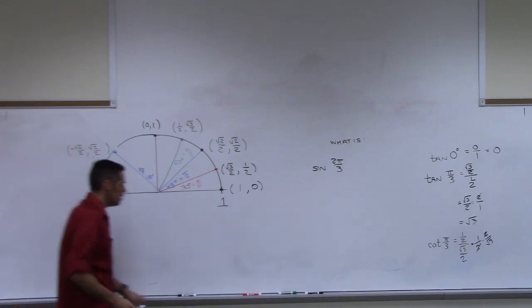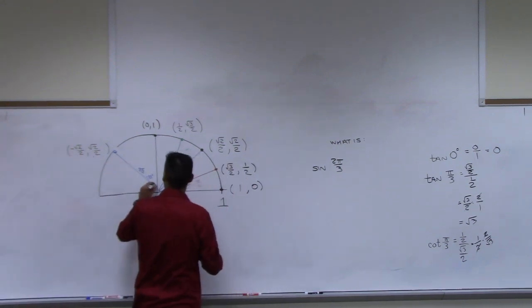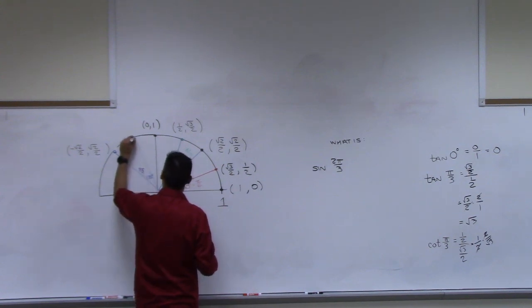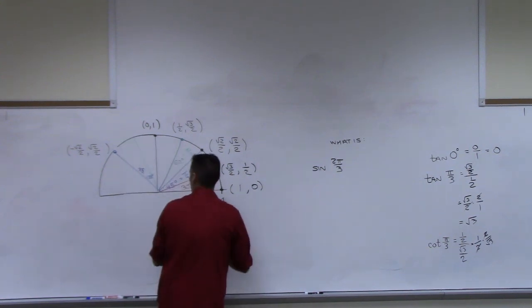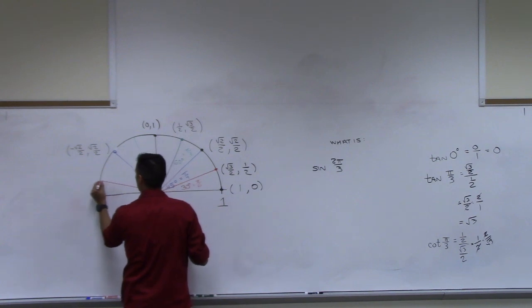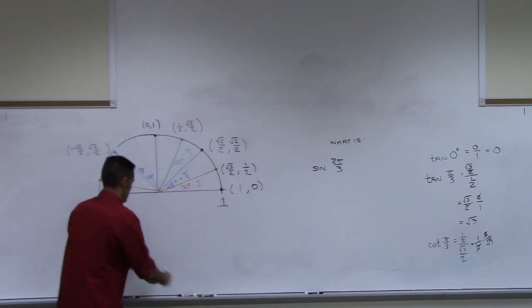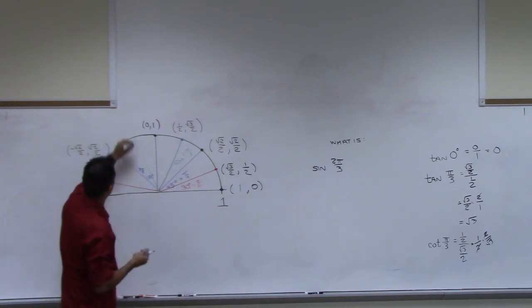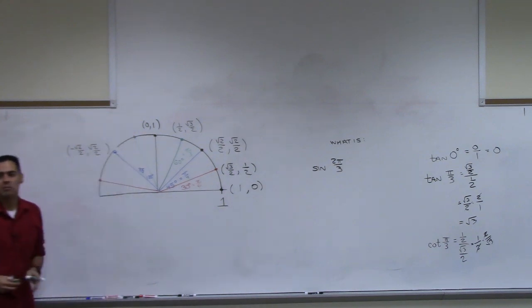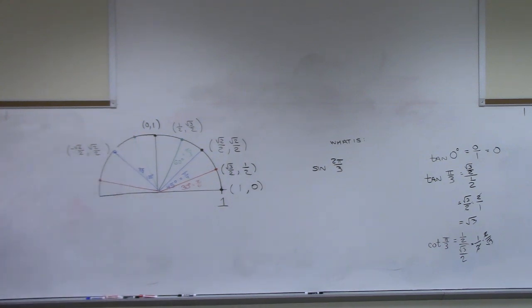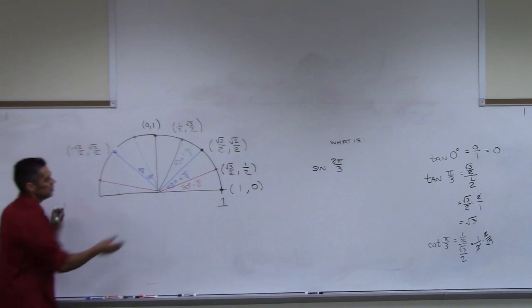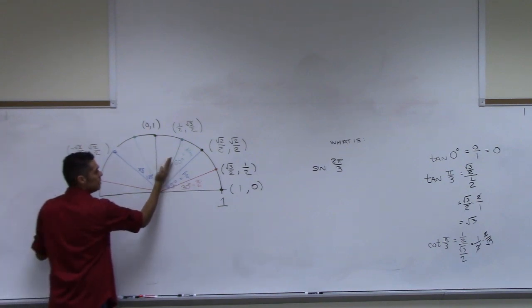Now, there are two other angles here. There's this one and this one. So let's start with this green one up here. What's that angle in radians? So here's pi over 3.